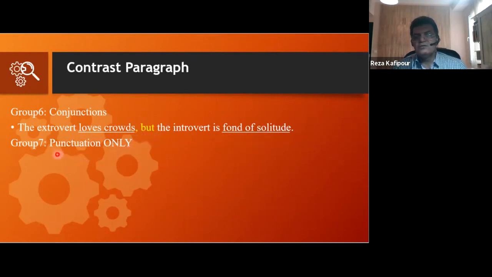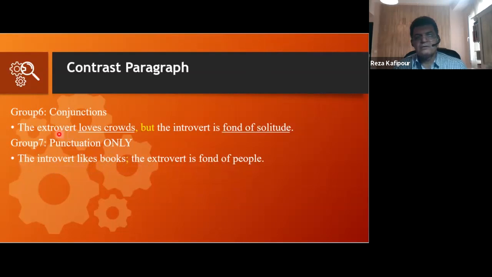And similar to paragraph of comparison, we can show paragraph of contrast by using punctuation only. See, when we use punctuation in this form and we are talking about differences: the introvert likes books, semicolon, the extrovert is fond of people.